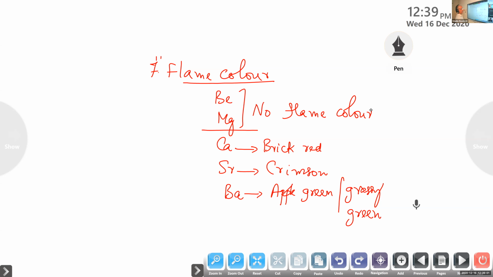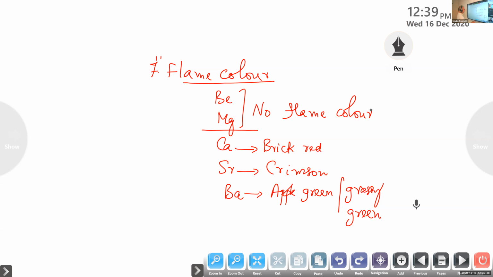A definite color is produced, because for a definite color there will be a definite wavelength or frequency. E is equal to h nu. So the color depends on the energy, and the energy depends on the frequency.